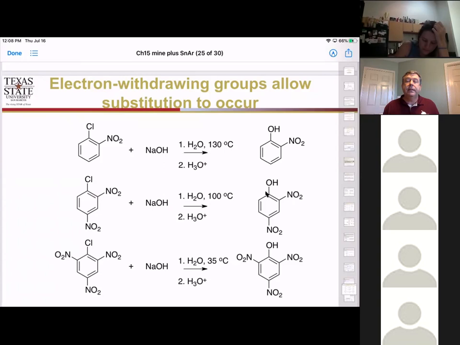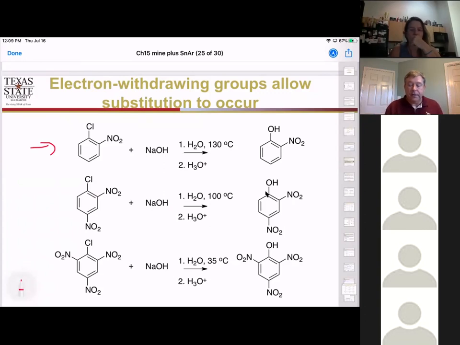The more electron density, the better, and it can reach out and grab those positive charges here. Okay, now in this case, we actually have a negative charge coming in to attack the ring to do that substitution reaction. So in the previous slide, we showed you that just chlorobenzene itself does not react with hydroxide, even at high temperatures. It just doesn't work, right?